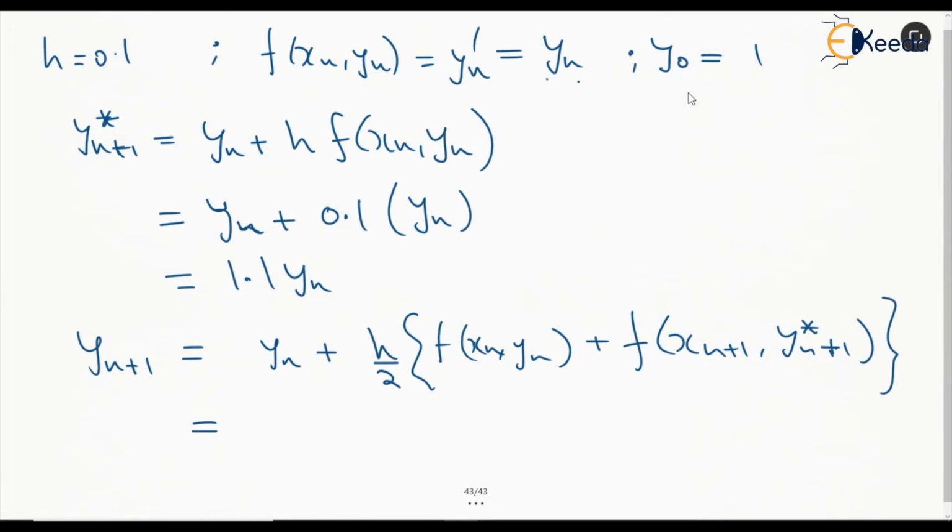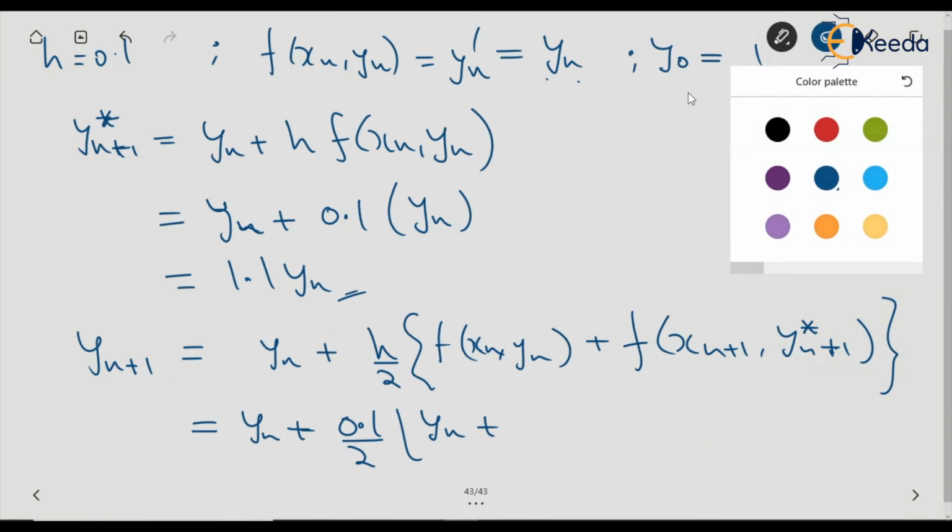That means this is yn, h is 0.1, so 0.1 by 2. Function at x and yn is simply yn, and function at xn plus 1, yn plus 1 star. So what is yn plus 1 star? This is 1.1 yn.